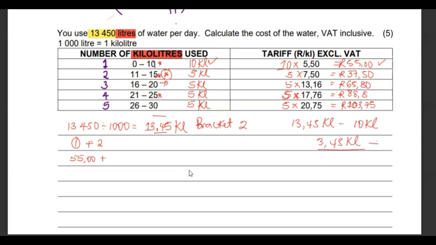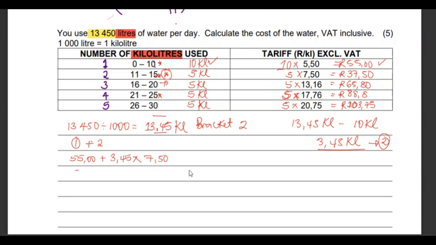Now, these ones have been pushed to bracket number 2. But remember, each kiloliter in bracket number 2 is charged 7 rands 50 cents. So we shall say 3,45 times 7 rands 50 cents. How much does the person pay?